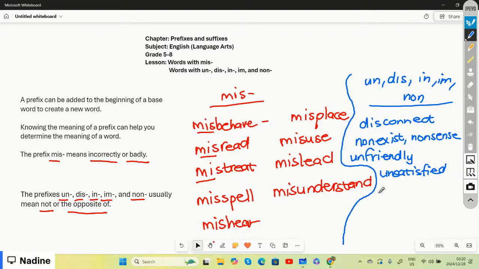If you look at the word impatient, meaning that you are not a patient person, it is the opposite of patient. And that is but a few examples of an, dis, in, im, and non.